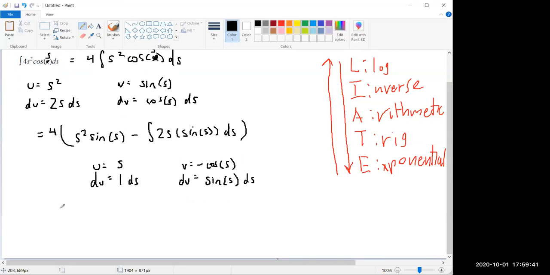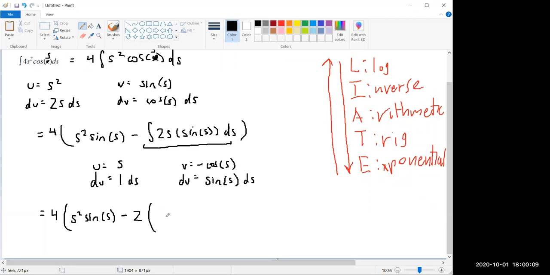Okay, so let me just carry everything over. This is 4s squared sine of s minus, I'm going to pull the 2 out before I make this by parts formula. So 2. In order to evaluate this particular section, we have to use by parts.